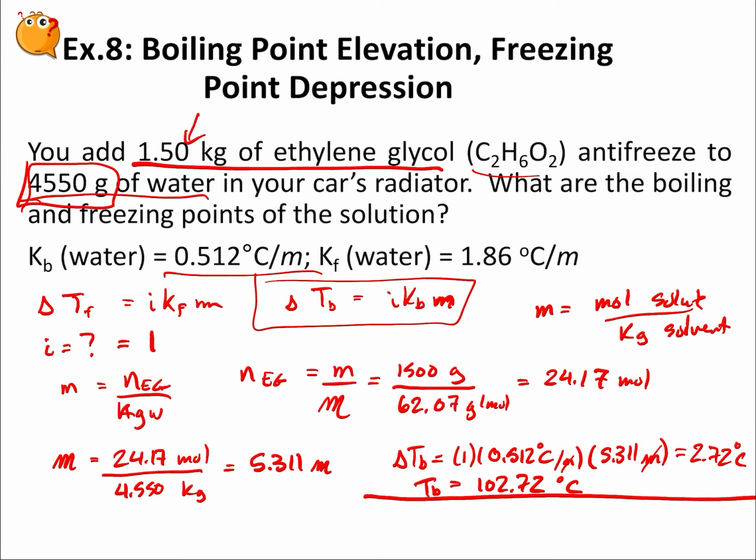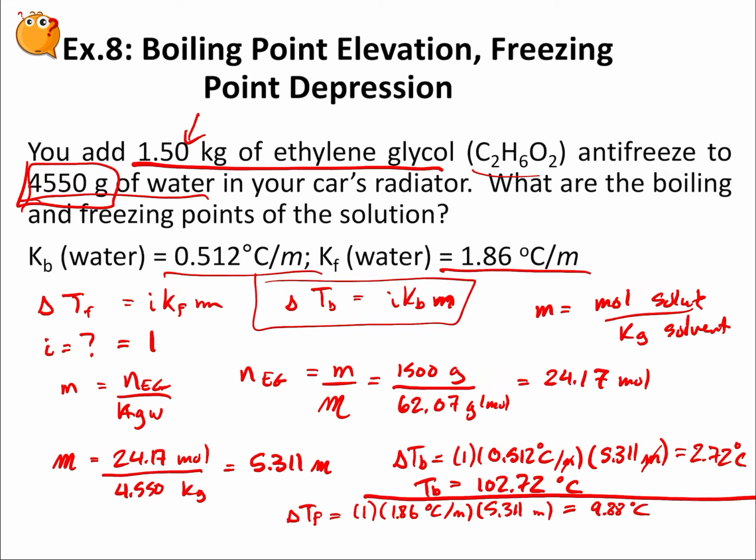Okay, we can do the same thing. I think we can squeeze this in here on the bottom. Our delta TF is equal to, again, 1 times the KF for water, which is 1.86 degrees C per molal, times same molality, 5.311. And this gives us a little bit larger of a value, 9.88 degrees Celsius.